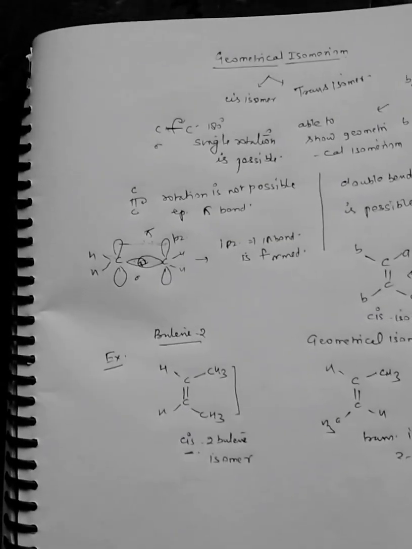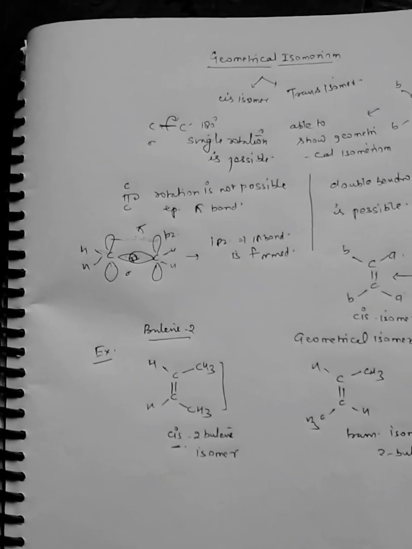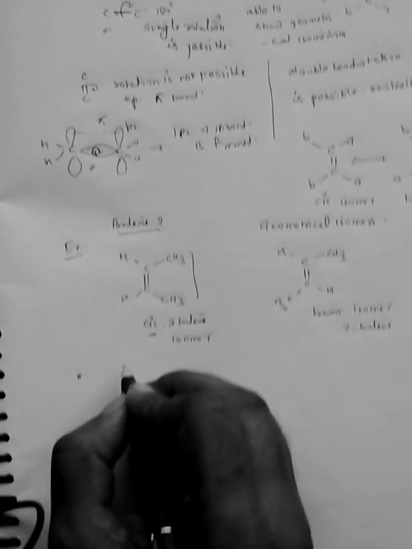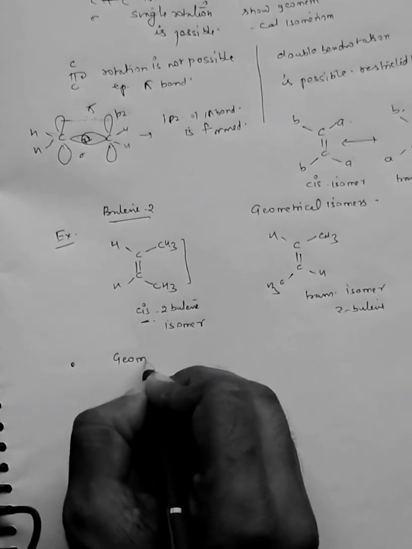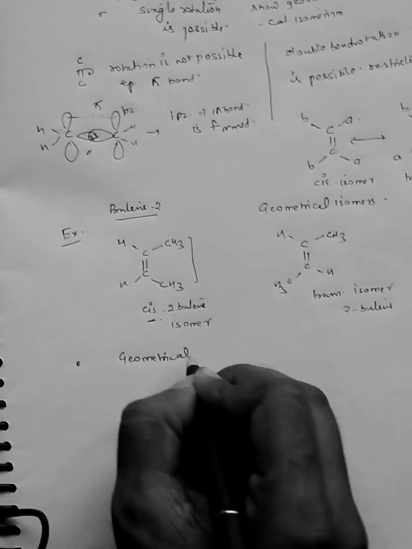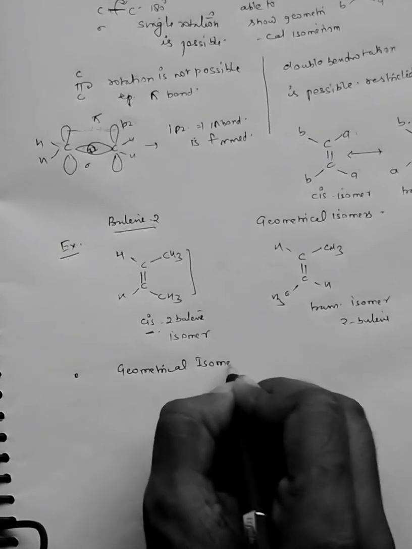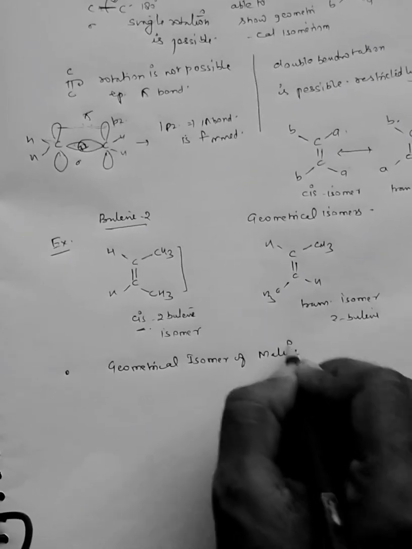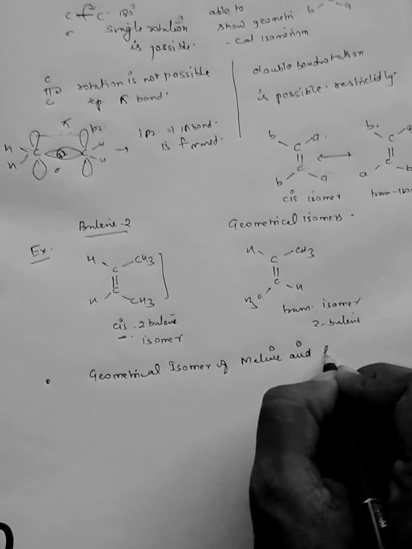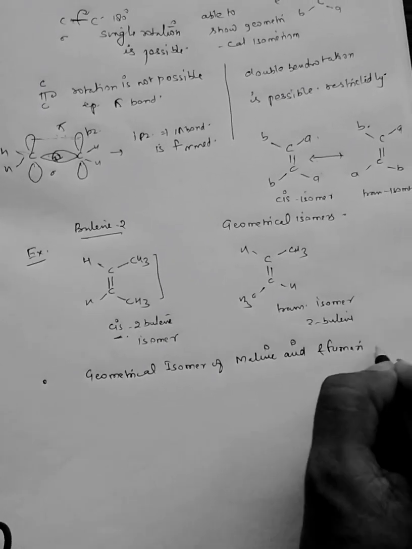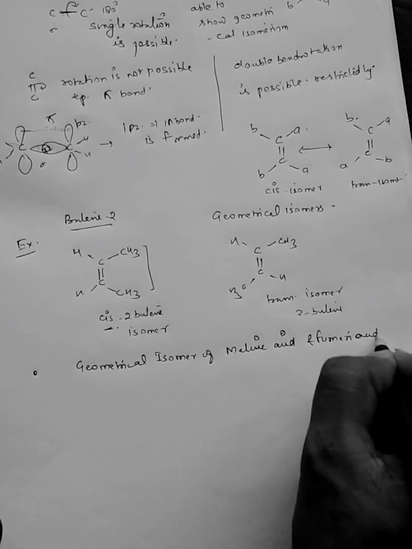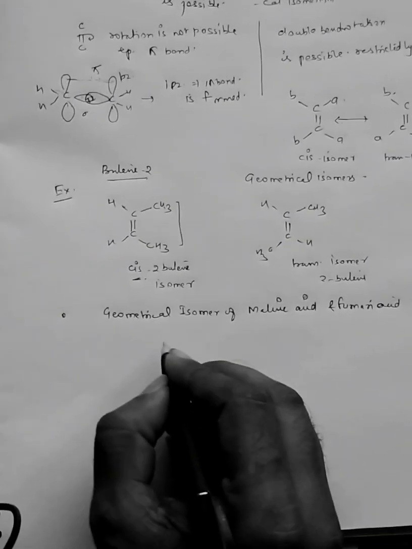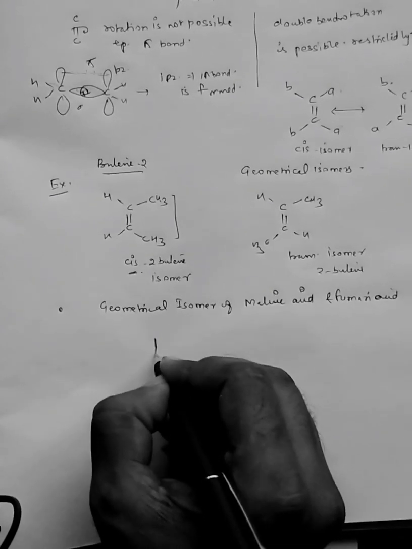The next question arises: how can you design the geometrical isomers of maleic acid and fumaric acid? First of all you should know the structure of maleic acid.